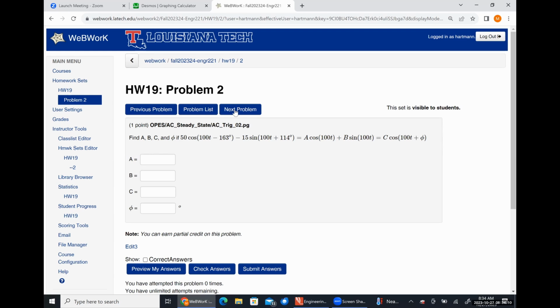And I get 64.914 with an angle of negative 161.386.